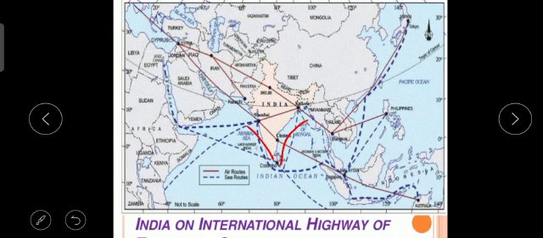The western coast is important to reach the European and African countries, and the eastern coast is important to reach the eastern countries and also important for trade.